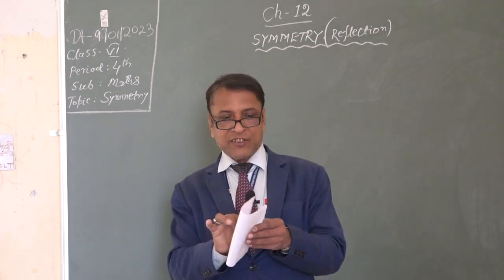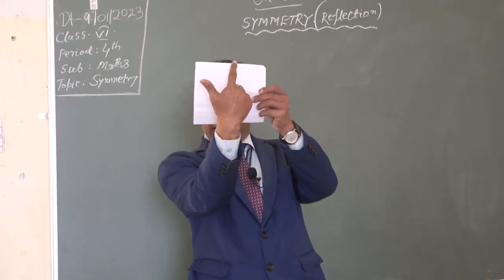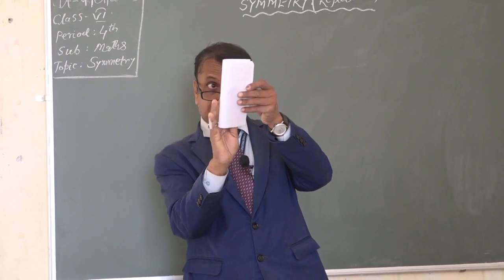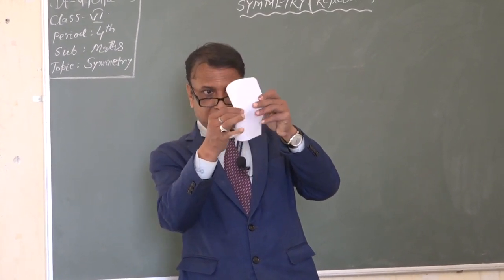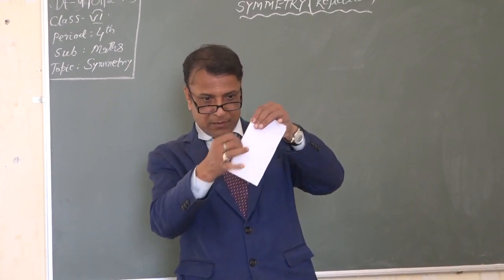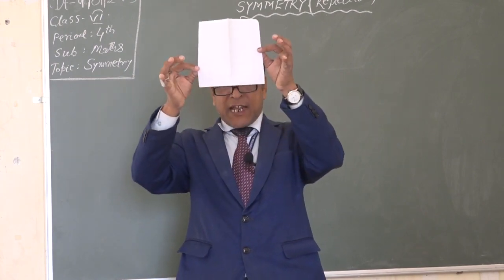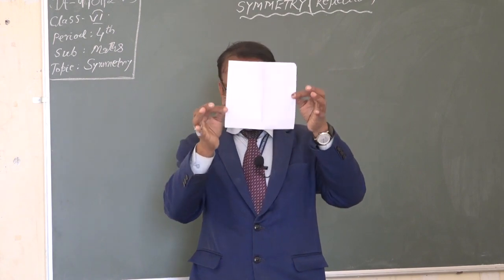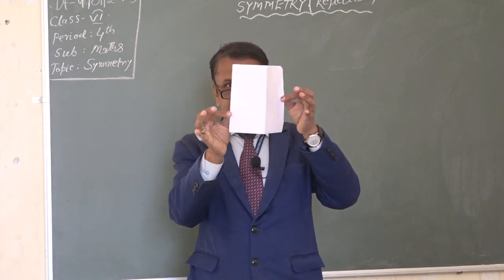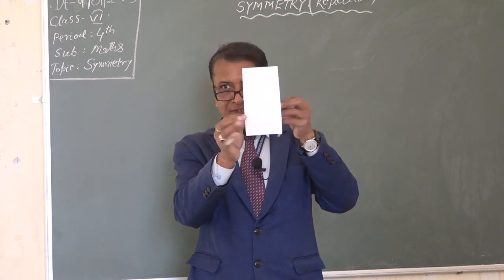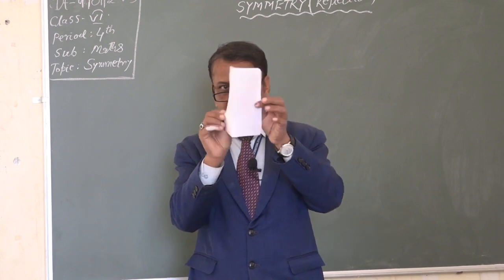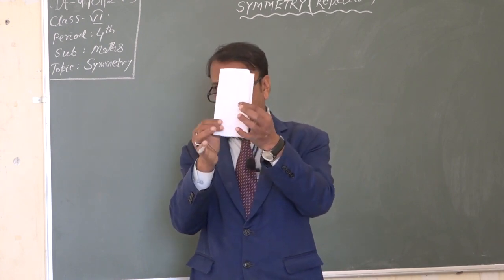Now, to this square, if I draw a line vertically, like this, if I draw one vertical line, then this total paper, this total square, is it divided into two equal halves? This is one half and this is one half. Yes or no? Yes.